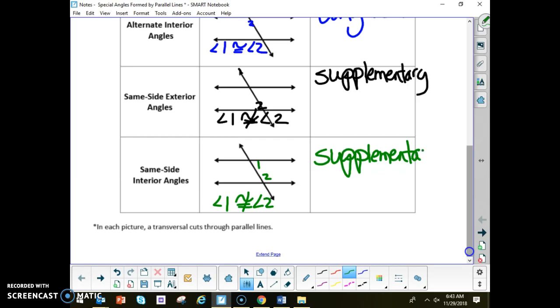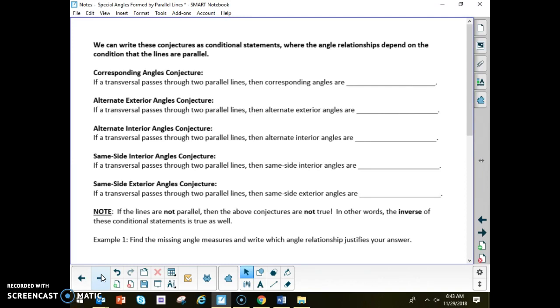Now, how do we use this information now that I have it? Well, let's take a look. If I can get to the next page. So we can write all of these as conditional statements. Corresponding angle conjecture. If a transversal passes through two parallel lines, then the corresponding angles are congruent.